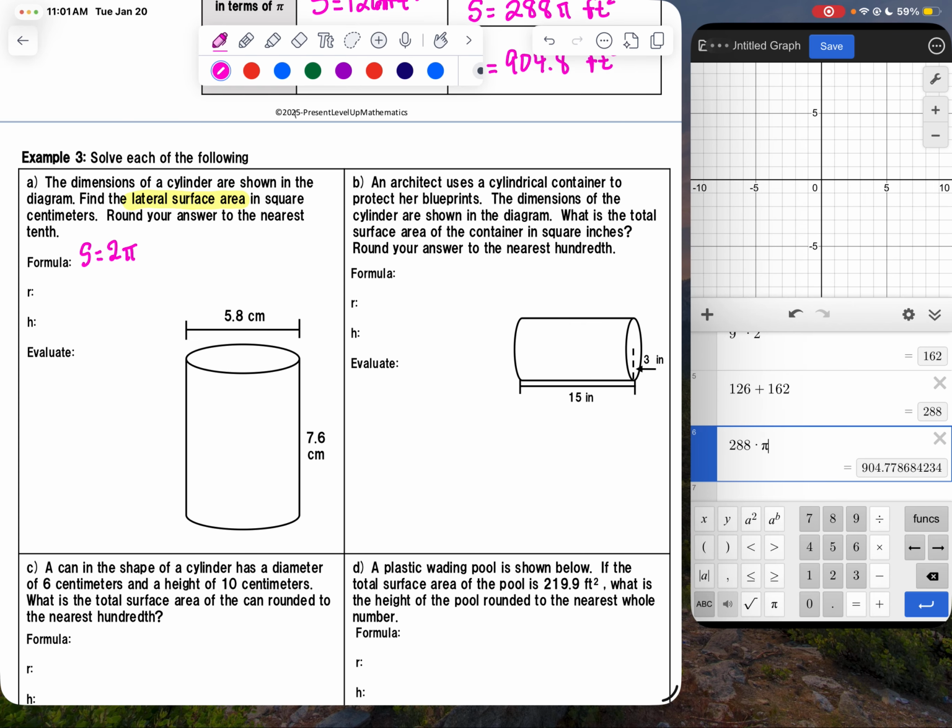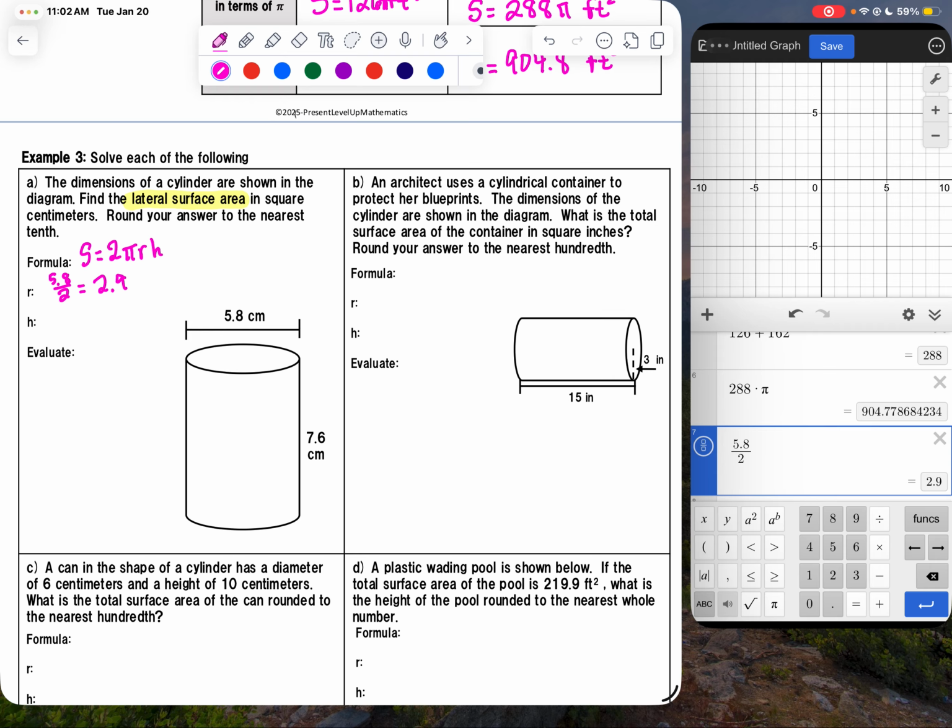2 pi r h. Now, the radius in this figure shown would be 5.8 divided by 2 because they gave you the diameter. So let's calculate that. 5.8 divided by 2. So that is 2.9 units.